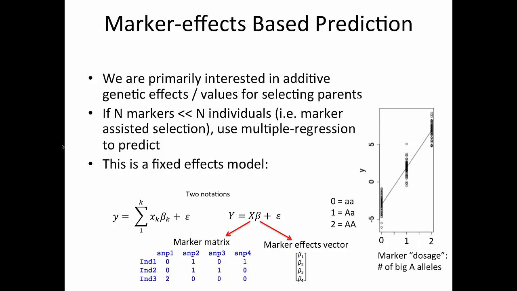These are equivalent. X here is the marker matrix. You're going to see this in the SNPs data set that I shared with you. Individuals are on the rows, and then their scores on, in this example, 4 markers coded 0, 1, 2 are on the columns.